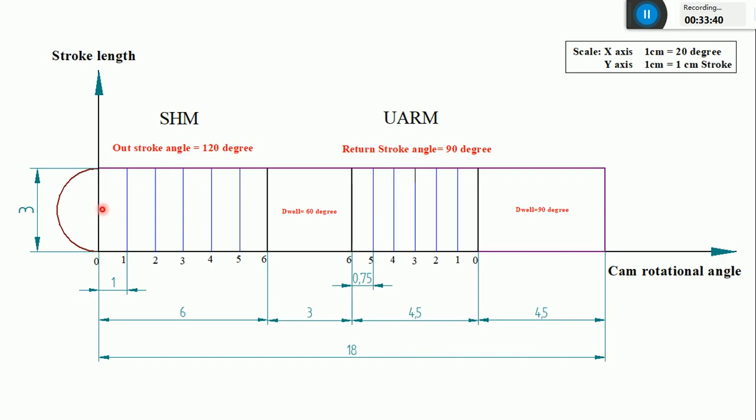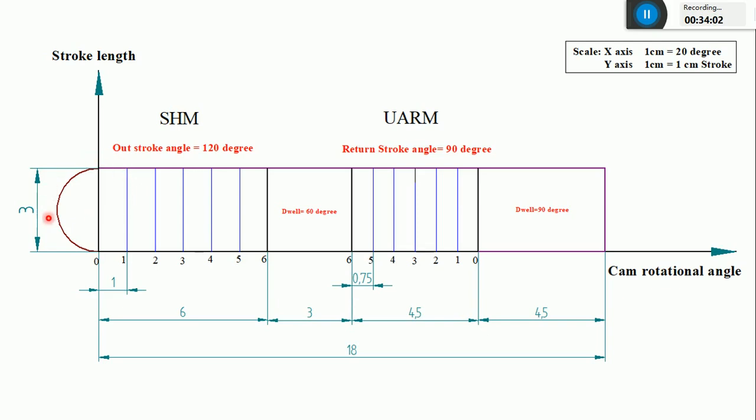After that, using the protractor, you have to divide this semicircle into 6 equal parts. This semicircle has a total of 180 degrees. I want 6 equal parts, so 180 by 6 is 30 degrees.